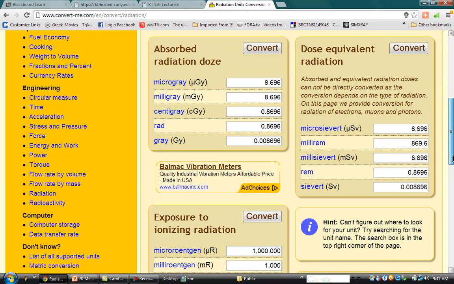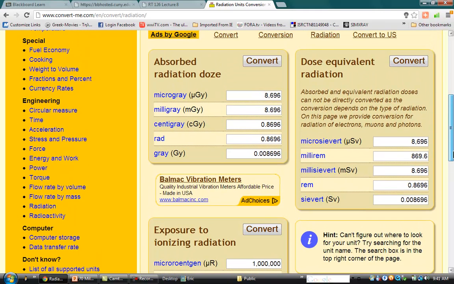That same 1 roentgen in microgray is equal to 8,696.